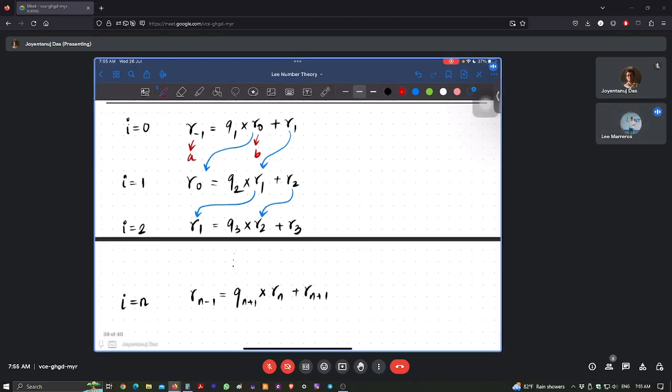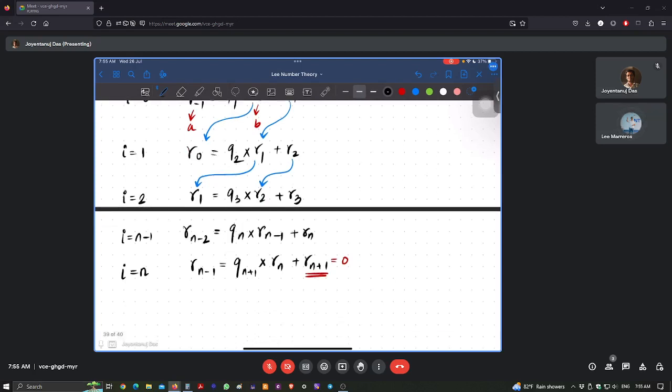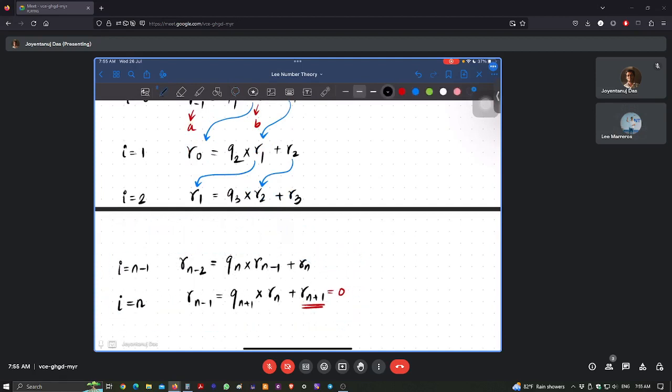If this is equal to 0, then we go to the previous step, that is i equals n minus 1. So here there will be r_n. It will be q_n times r_{n-1}, and this is equal to r_{n-2}. We continue like this.